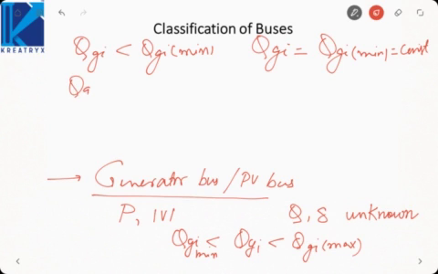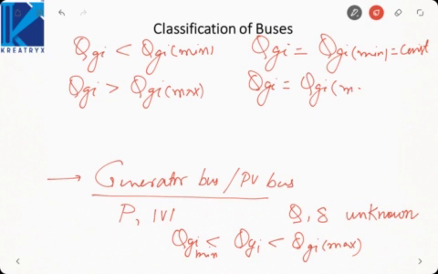Similarly, if QGi is greater than QGi max, then it will be considered as QGi is equal to QGi max, which is also constant. Since P was already known, now Q is also known, it will be considered as a PQ bus. So whenever the generator reactive power violates the limit already specified, then a PV bus is converted to a PQ bus. Remember this concept.